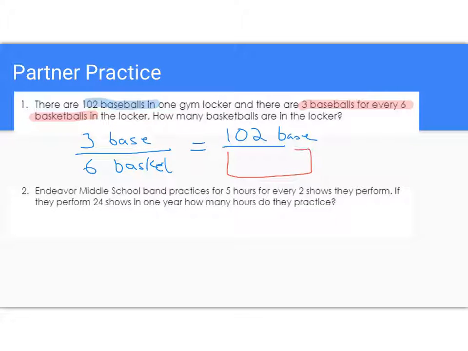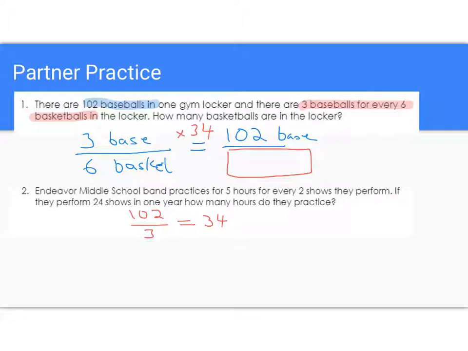And again, this is what I'm trying to find. My job is to figure out what is 3 times what gives me 102. And well, I don't know that off the top of my head, so I may have to use a calculator and do 102 divided by 3. And when I do that, that gives me 34. So I know my scale factor is 34.